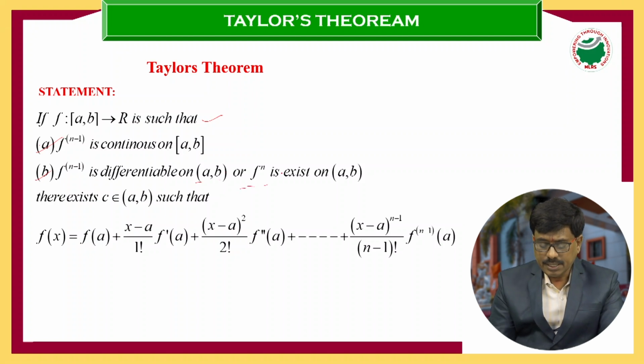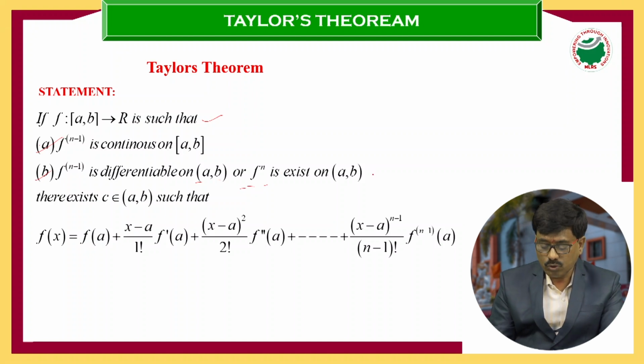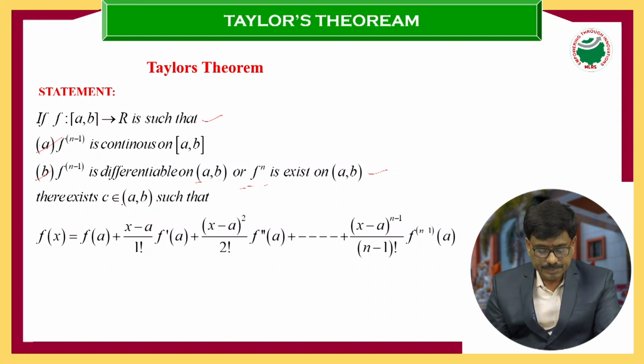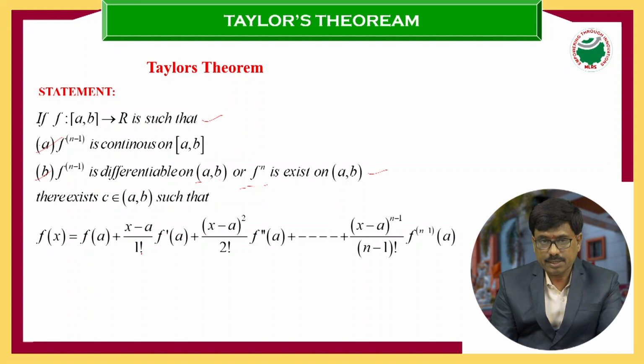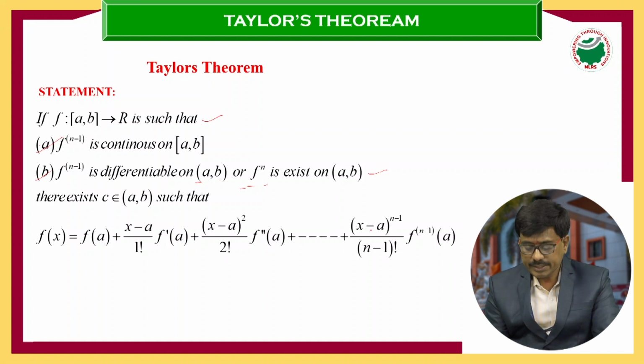Then there exists a point c in the open interval (a, b) such that f(x) = f(a) + (x-a)/1! f'(a) + (x-a)^2/2! f''(a) + and so on up to (x-a)^(n-1)/(n-1)! f^(n-1)(a). This is the statement of Taylor's theorem.